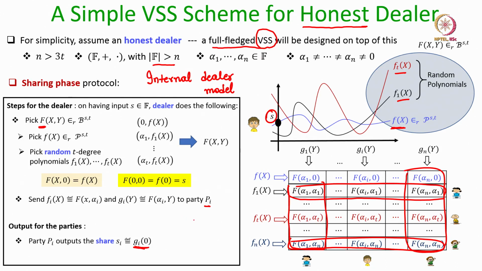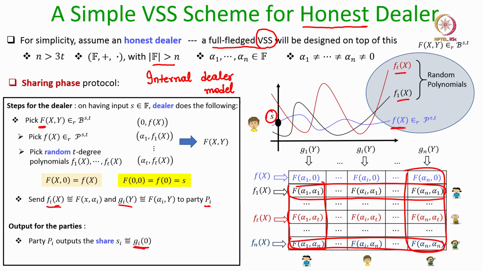So, every party Pi is getting the ith row and ith column polynomial. When I say that, either you can interpret that it is given the coefficients of those polynomials, and it can evaluate those polynomials at alpha 1, alpha 2, up to alpha n, or the dealer itself could have directly given the whole ith row and the whole ith column of this matrix as the information party Pi is supposed to get.